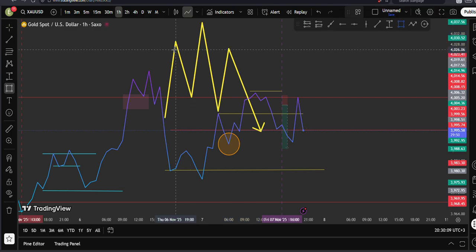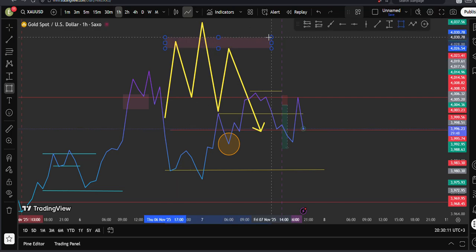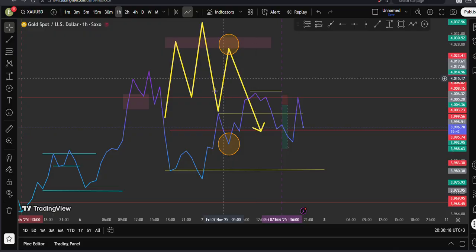This is one of my powerful models. When I see this, I expect to get an entry from here and sell, targeting these lows or any fresh level down.